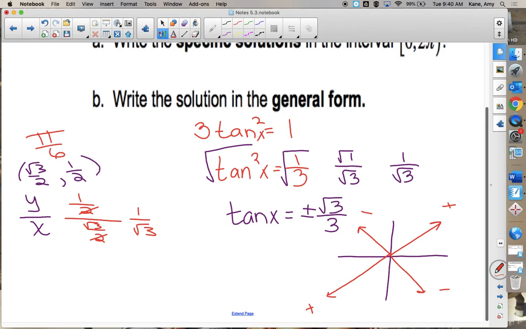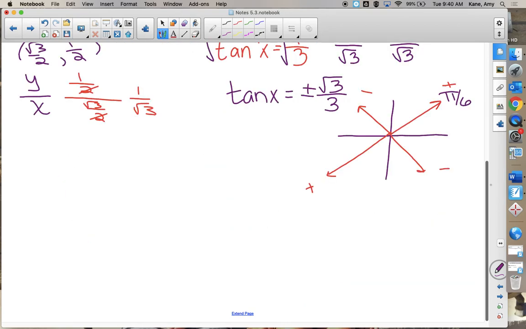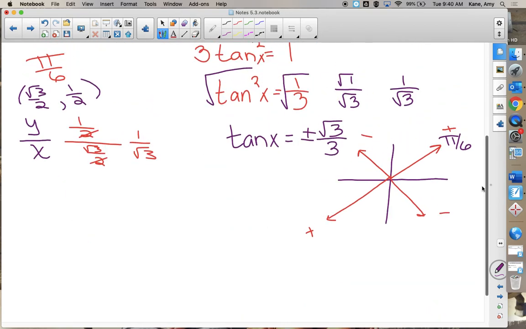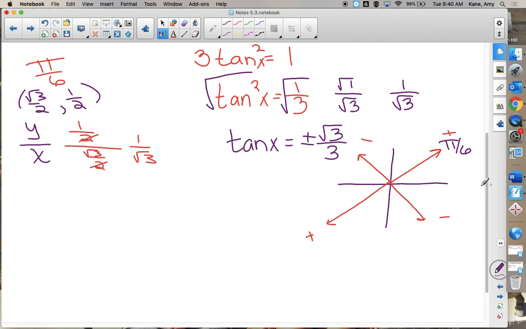So pi over 6 in the first quadrant. What angle would it be in the second quadrant? 5 pi over 6. In the third quadrant, 7 pi over 6. And in the fourth quadrant, 11 pi over 6.